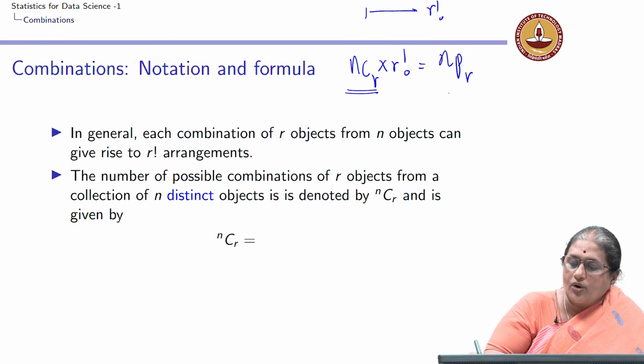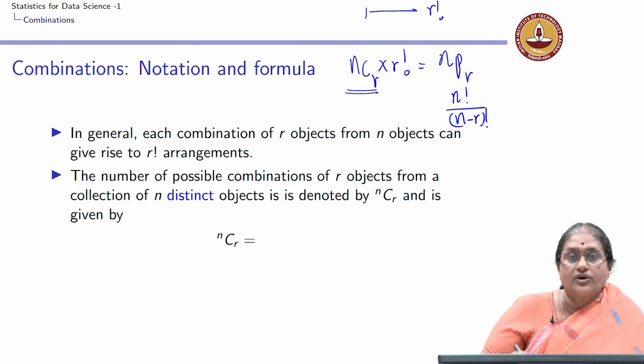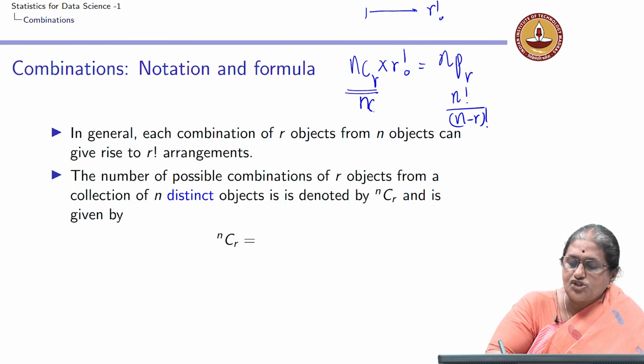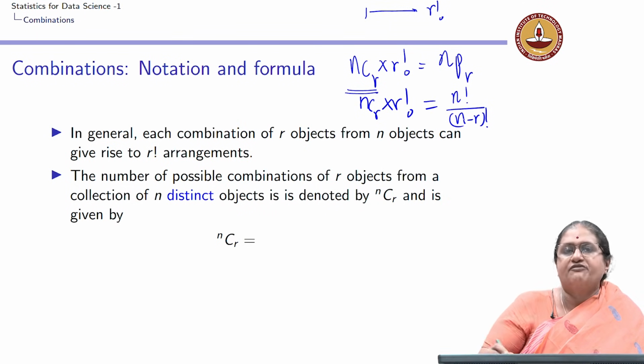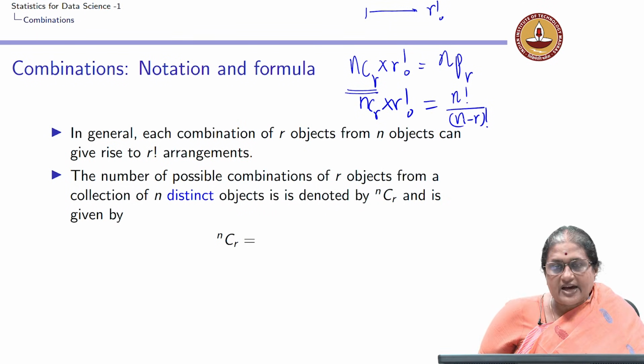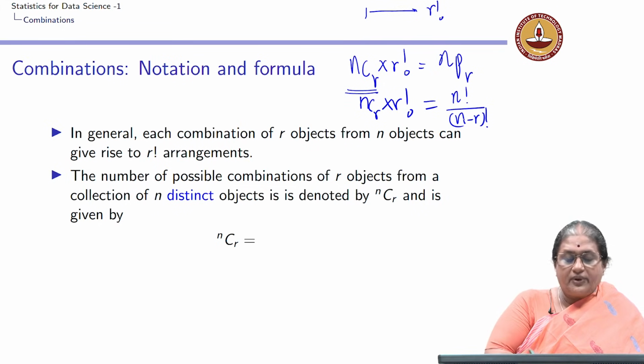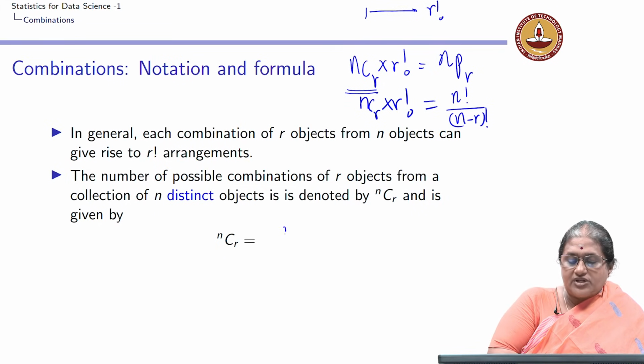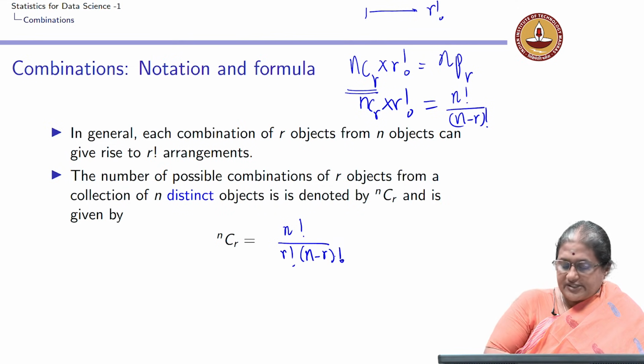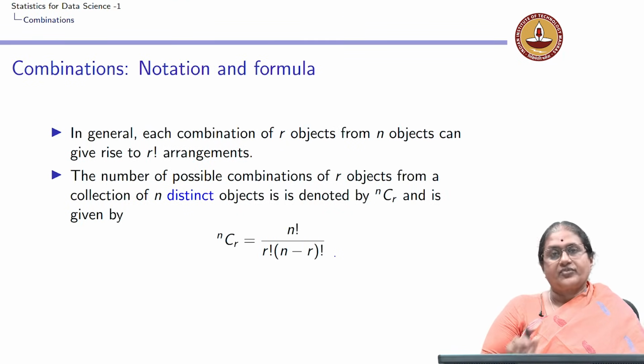I already know nPr is n factorial by n minus r factorial. So, I have n choose r into r factorial equal to n factorial by n minus r factorial, to give me the formula: n choose r is n factorial by r factorial into n minus r factorial.